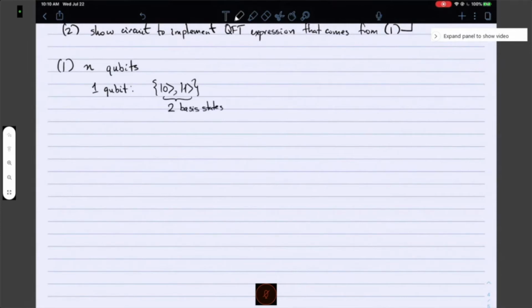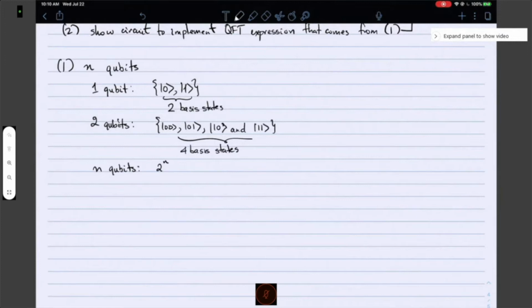For 2 qubits, you had 00, 01, 10, and 11. So that's 4 basis states. And more generally, for n qubits, you have 2 to the power of n basis states.